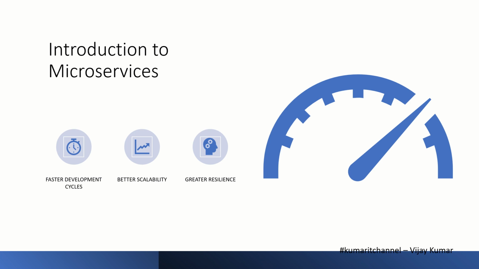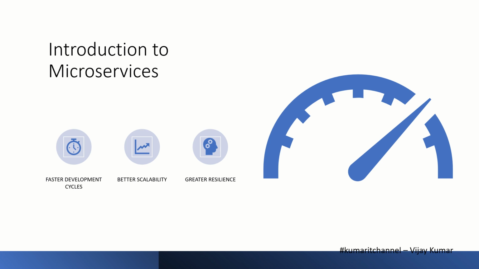And this provides greater resilience, as if there is any failure in one service, that would definitely not have an effect on the rest of the application. So that particular piece of service can be immediately fixed, and the system is still running, right? So that will not have an impact.